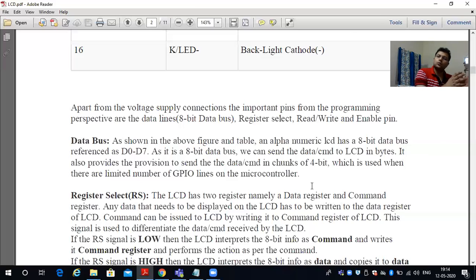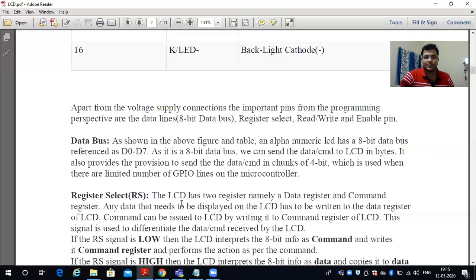Likewise, based on the enable signal, if it is data, in that situation it will find its position in the data register, and subsequently it will be interpreted as to display, and will be displayed over the display area. So that is all about the data bus.